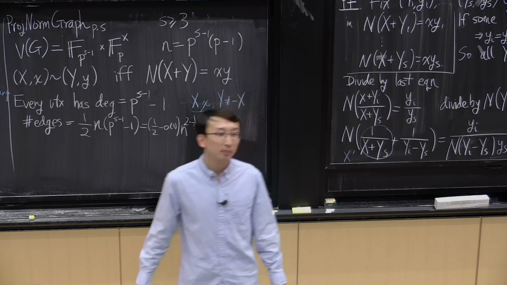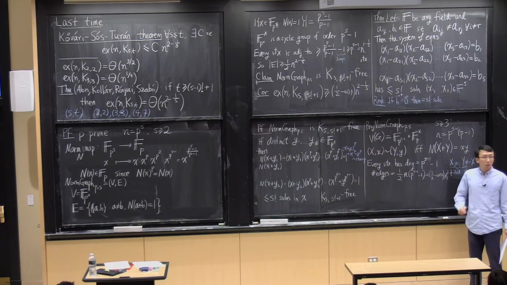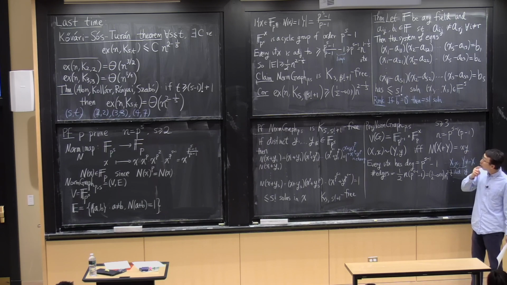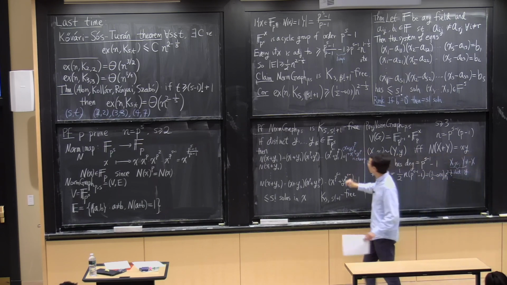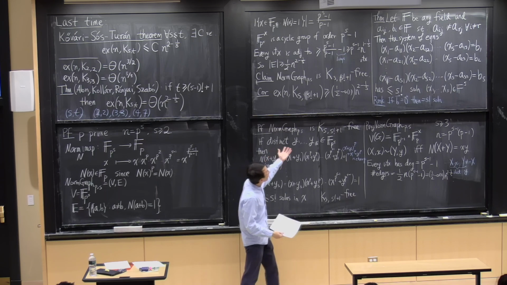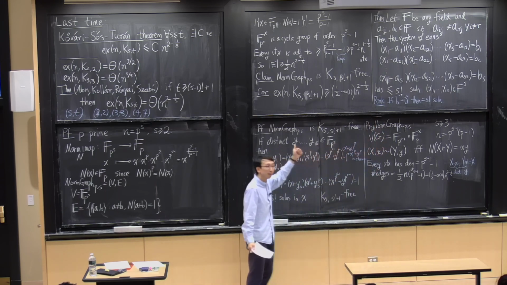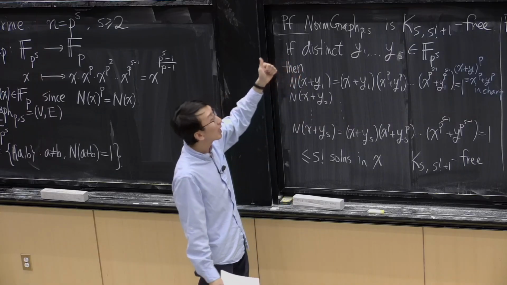Yeah. Why F_p to the power of s? Right, so the question is why F_p to the power of s? So let's go back to the norm graph construction. Where do we use F_p to the power of s? Well, certainly we needed it to have the right edge count. So that comes up in the edge count.